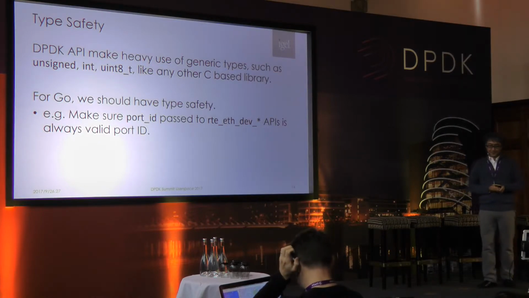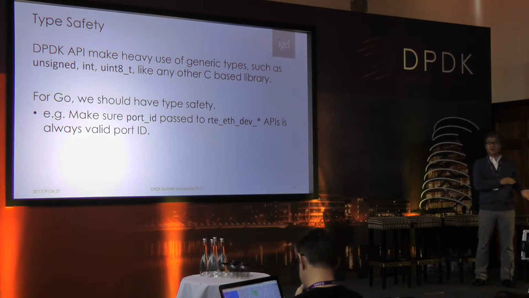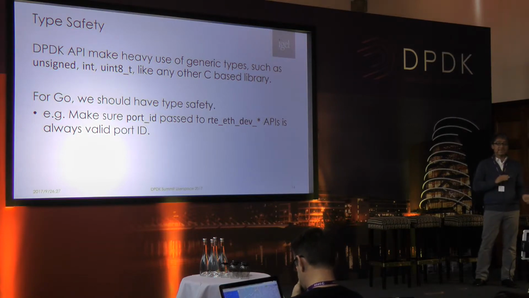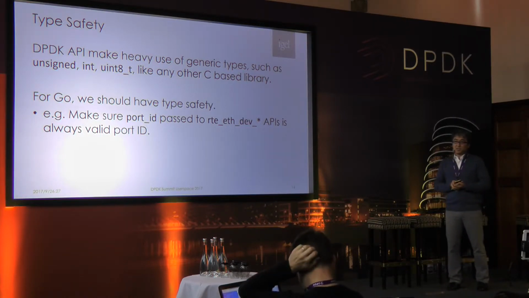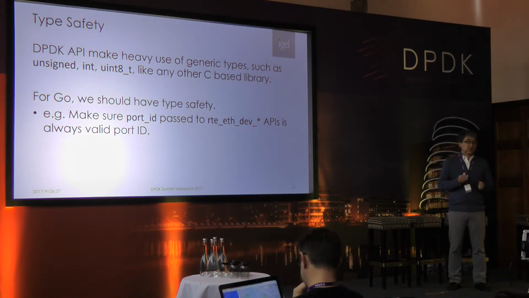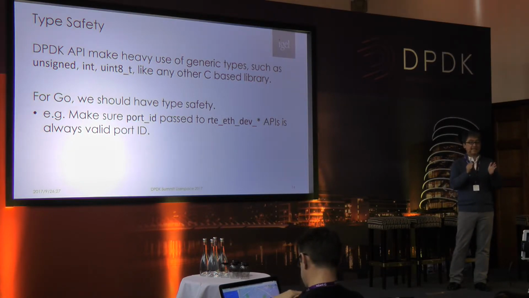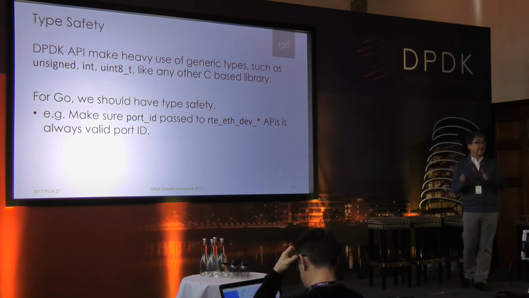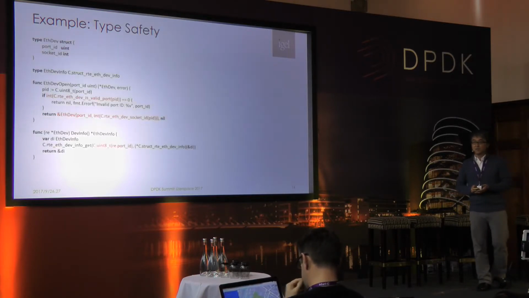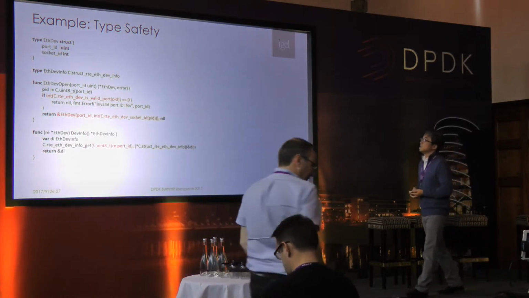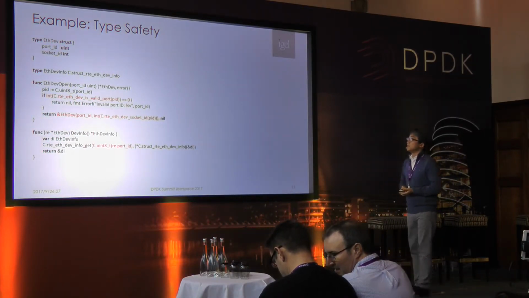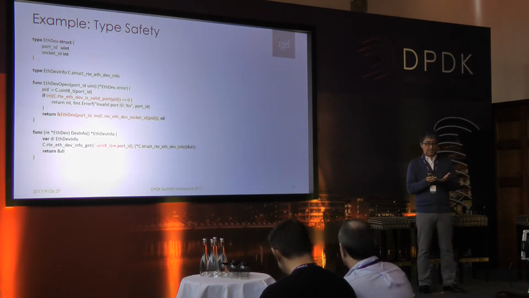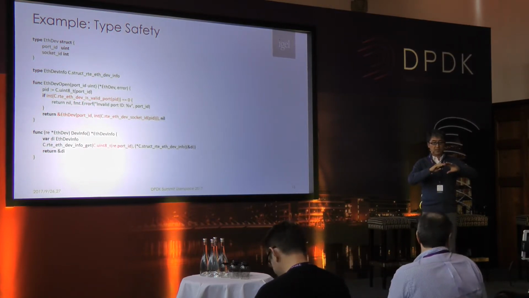For instance, the DPDK API, because it's a C library, makes use of a lot of generic types, like unsigned int or uint8_t. But for Go, we definitely want to make sure that a uint8_t used for the port ID is actually a port ID, not a random uint8 value. So what we did is wrap the port ID.